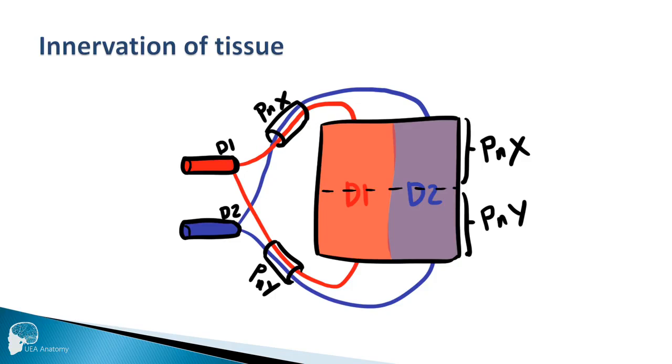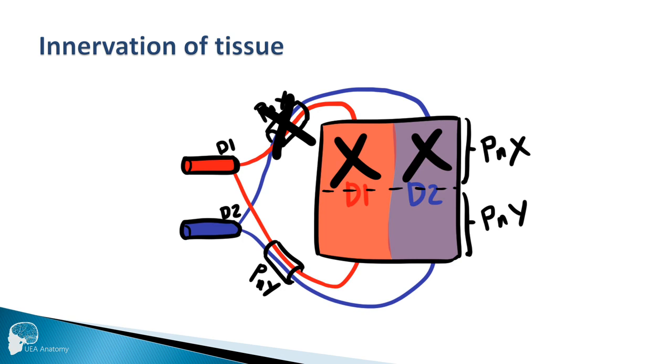Let us now look at those potential patterns. If there was a disease process in nerve root D1 and the nerve fibres in D1 were not working, the sensation in the skin and muscle function within the left half of the block of tissue would not be present when being tested for. If in D2, the right side would be affected.